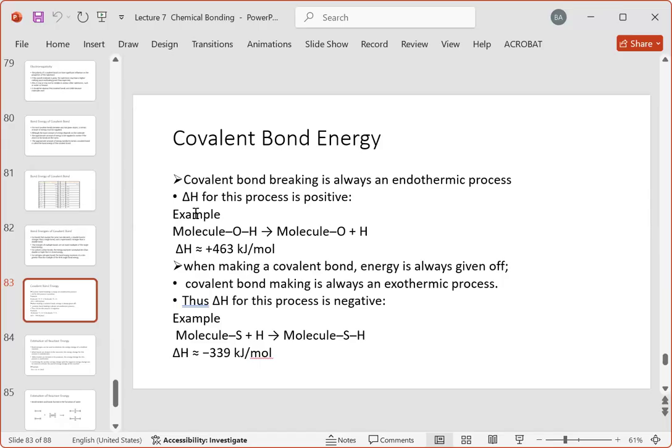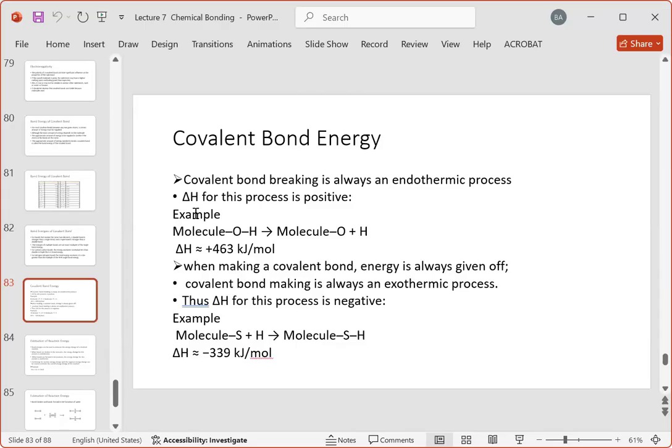When you are breaking a bond, that one is endothermic. So the breaking of the bond, which is endothermic, the delta H, the enthalpy, like the energy, is positive. And when it's exothermic, the energy is negative, because the energy is leaving the system.